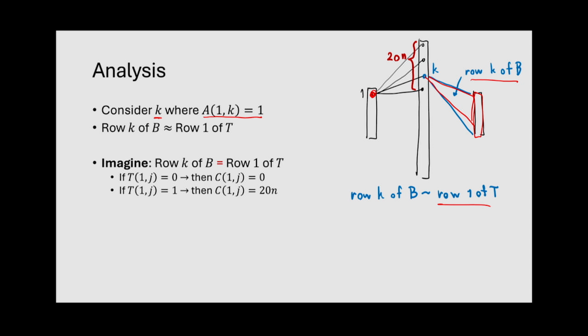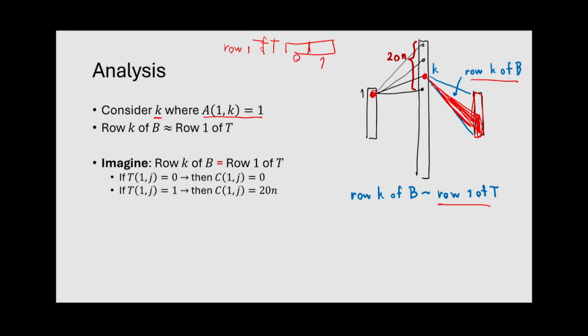Then let's analyze what happens. If they are really the same, it means that every node here has neighbors only in the second half, because I assume that row 1 of T looks like 0 and 1 here.